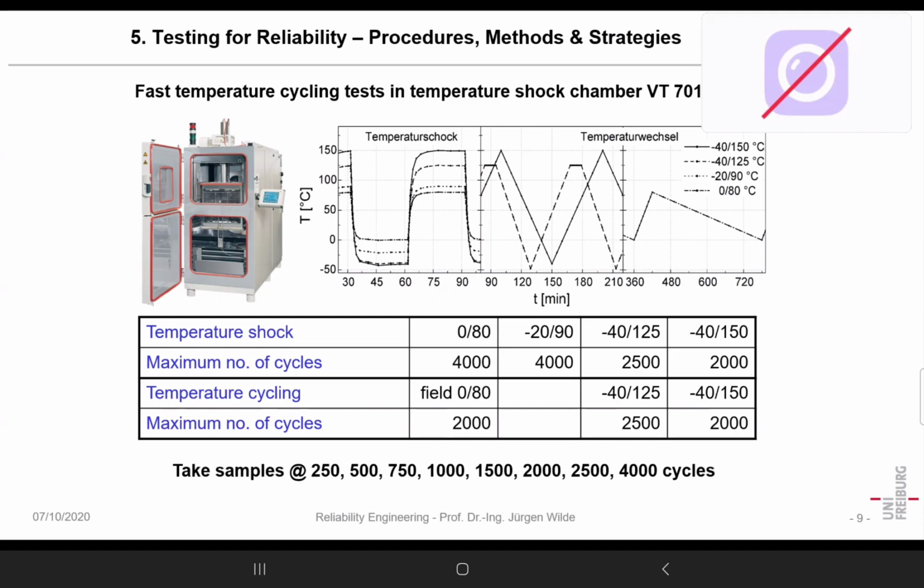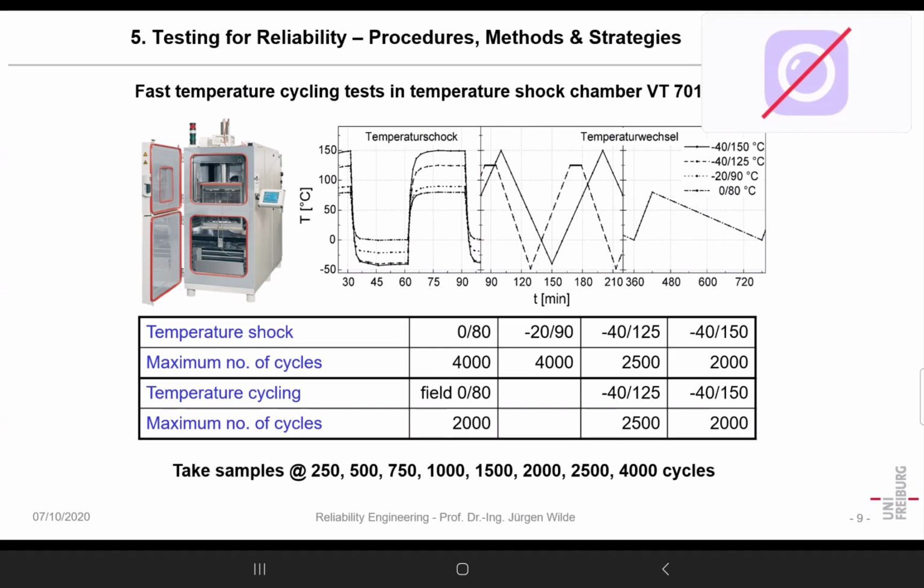Yes, but here let's talk about the ISO standards, and here it means we have a transition time of 10 seconds. But of course, depending on the thermal mass of the devices, it takes a certain time until these have adapted to the new temperature.